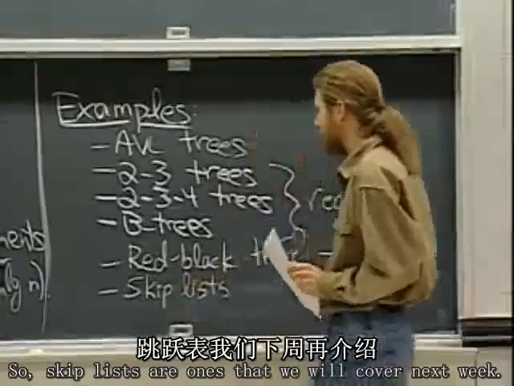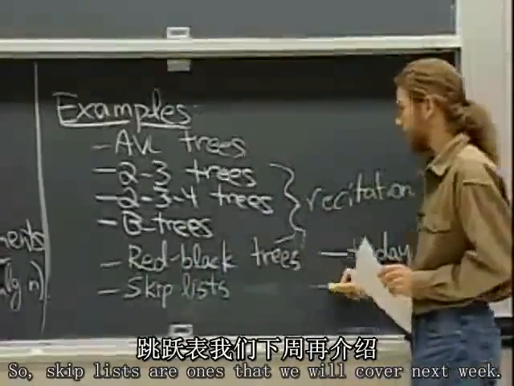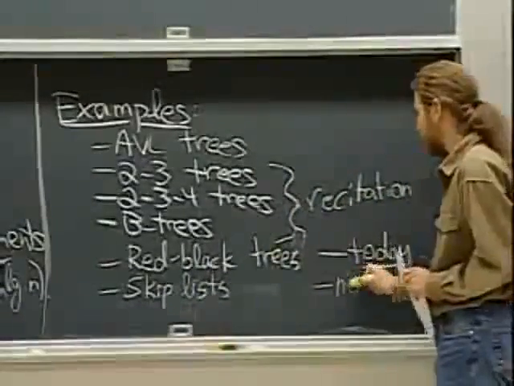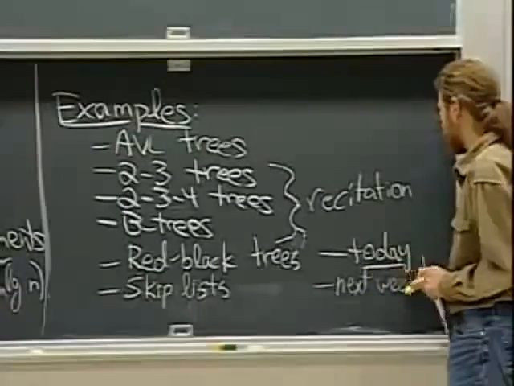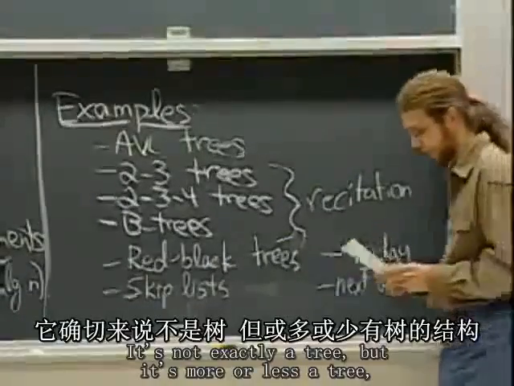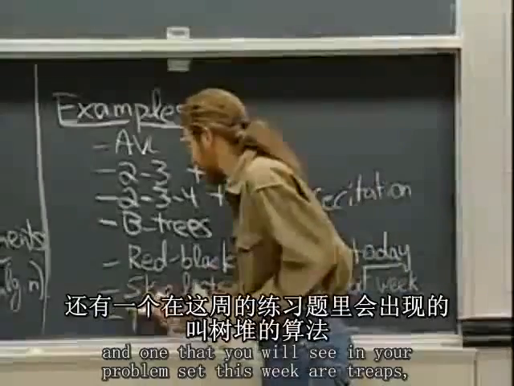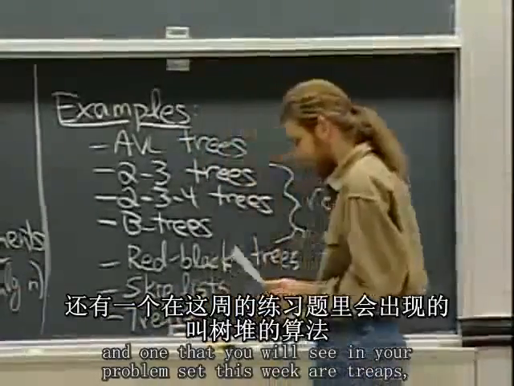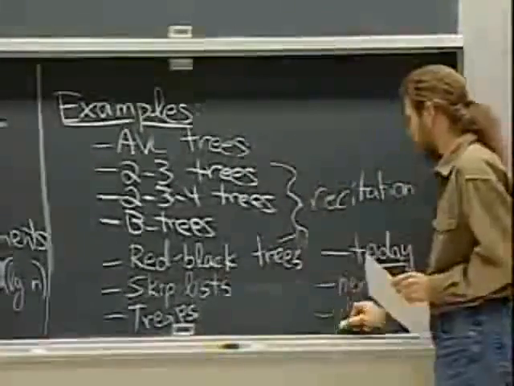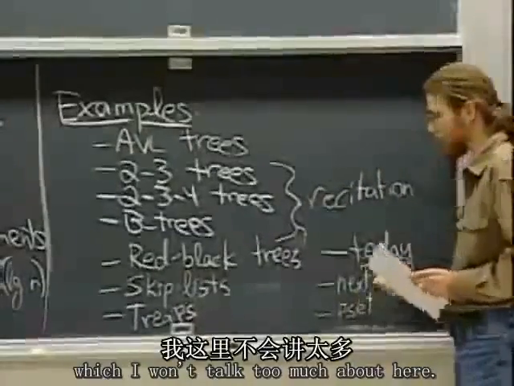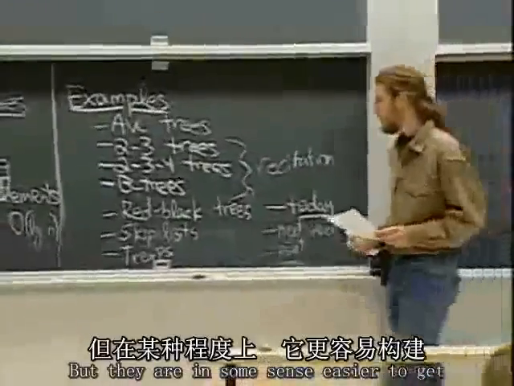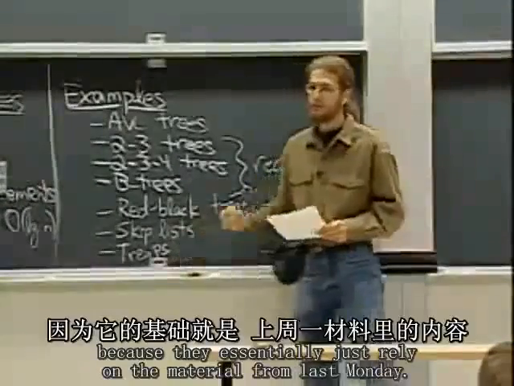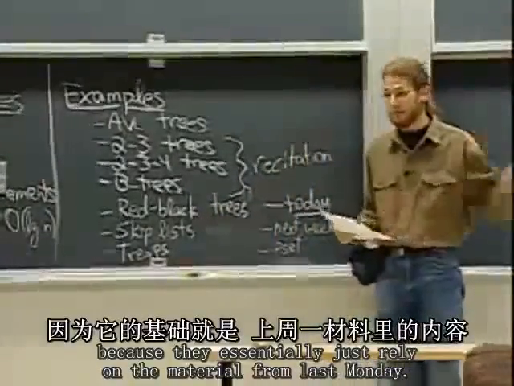Skip lists are ones that we'll cover next week. It's not exactly a tree, but it's more or less a tree. And one that you'll see on your problem set this week are treaps, which I won't talk too much about here, but they're in some sense easier to get because they essentially just rely on the material from last Monday.